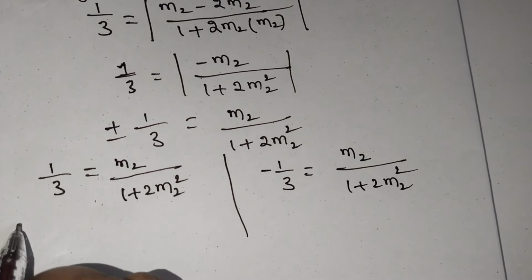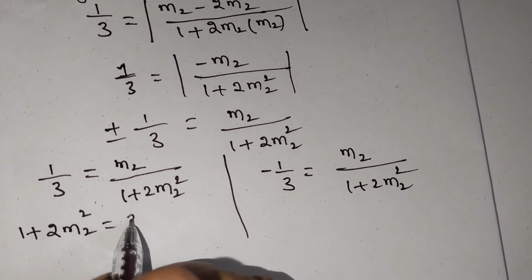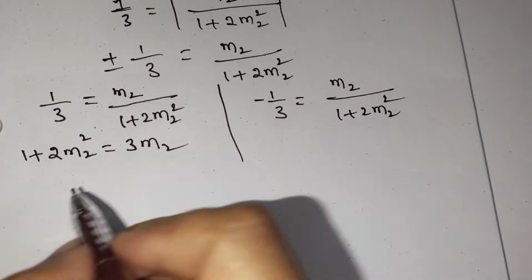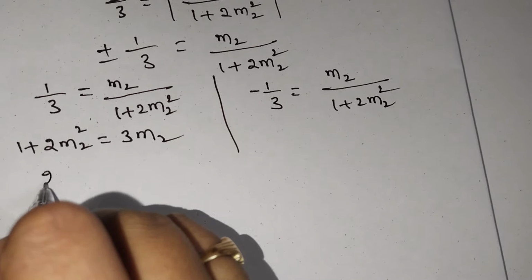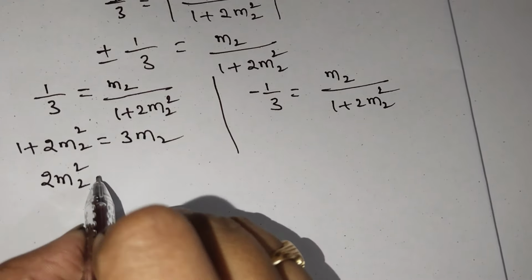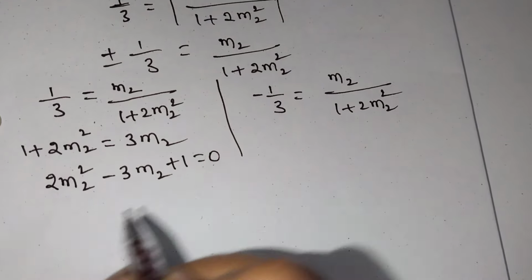Cross multiplying, 1 plus 2m2 square is equal to 3m2. Now move this 3m2 to the left hand side. We get 2m2 square minus 3m2 plus 1 is equal to 0.